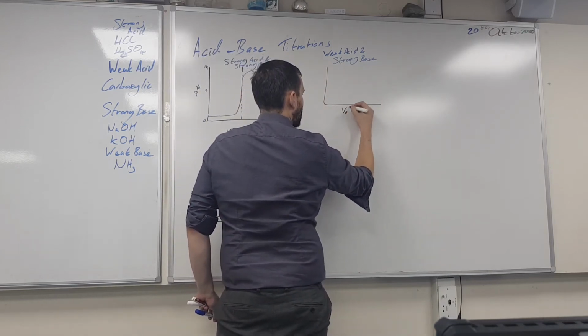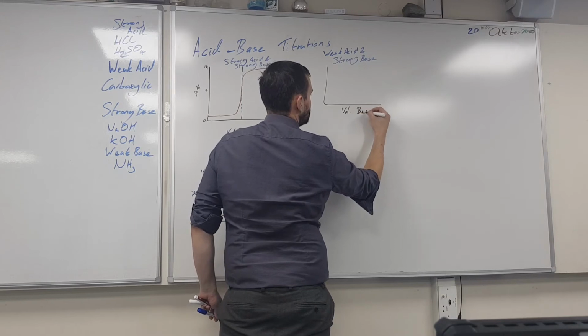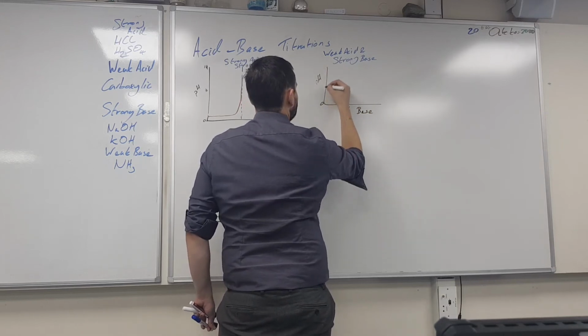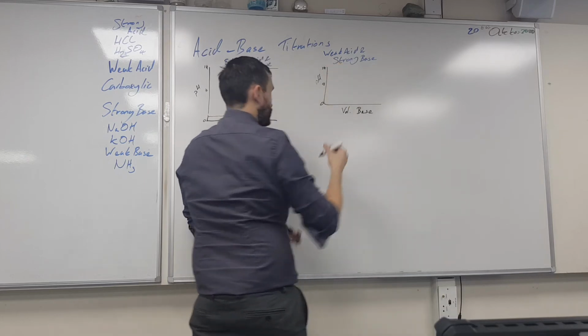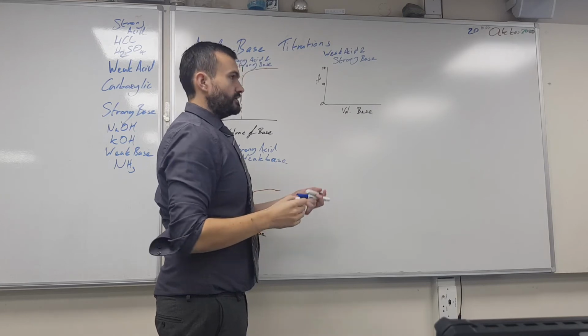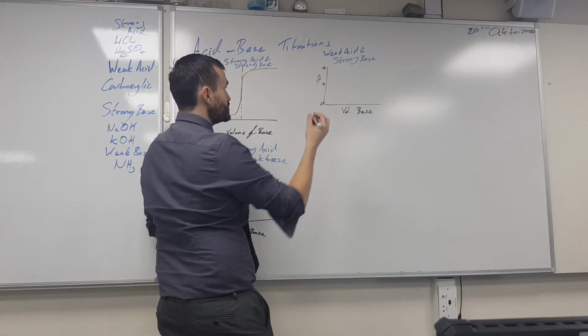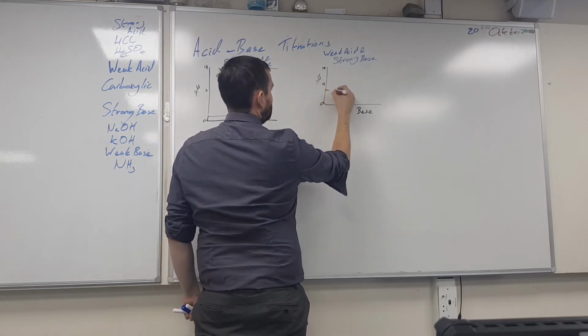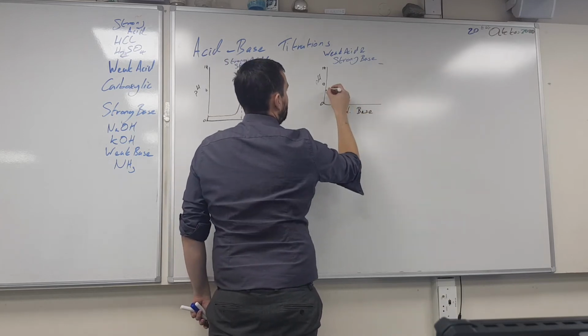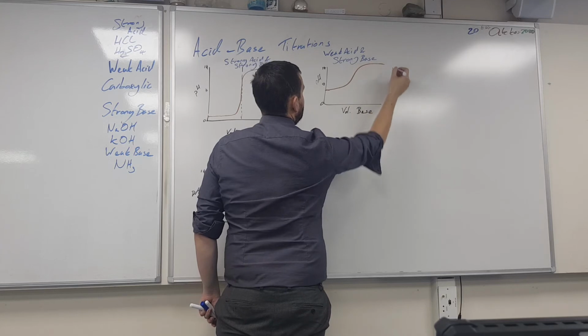Again, volume of base, because we are adding base. And we have our pH, 0, 7, 14. So this time it's going to be a weak acid, so it's probably going to be about pH 9-ish. So we're going to start about there. Our strong base is going to be about 14. And what happens is you get the same thing.